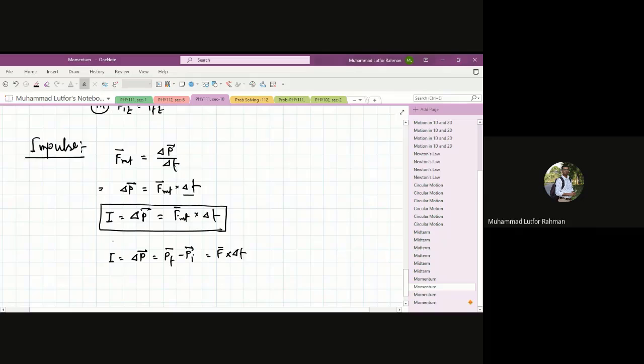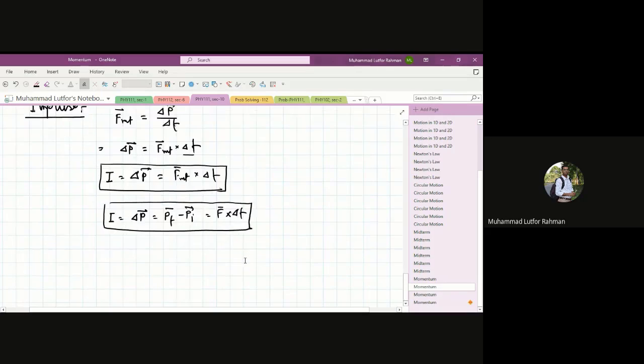And this force is the average force. Why do we say average force? This is also sometimes called the impulse-momentum theorem, equal to the change of momentum.